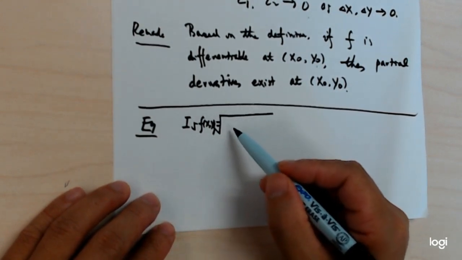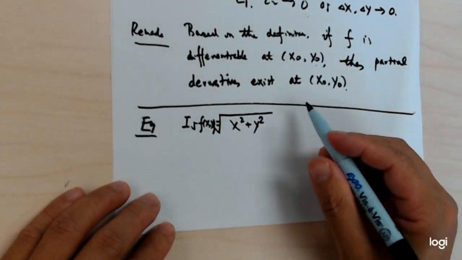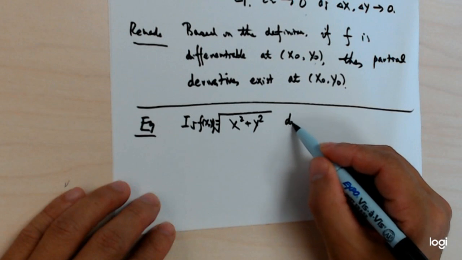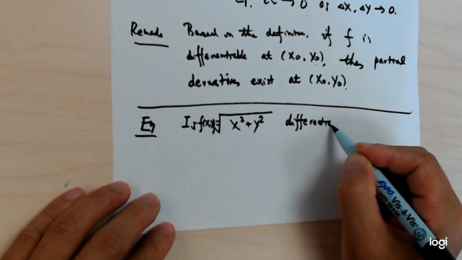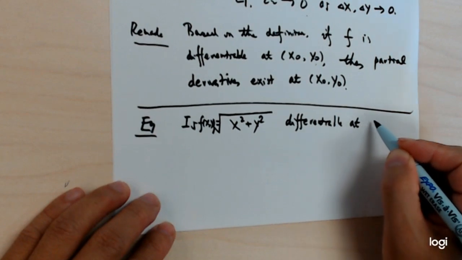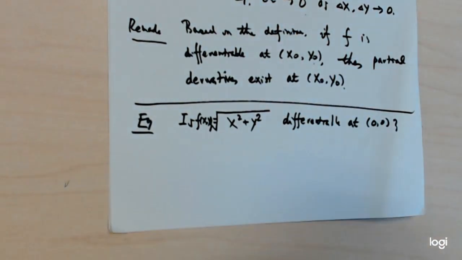So here's the function of two variables. Is this one even differentiable at 0, 0? So that seems like a very tricky thing to do.